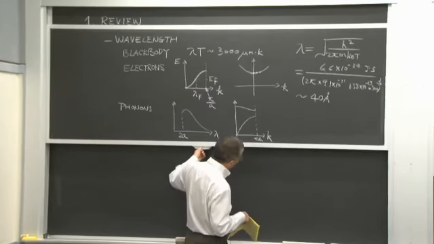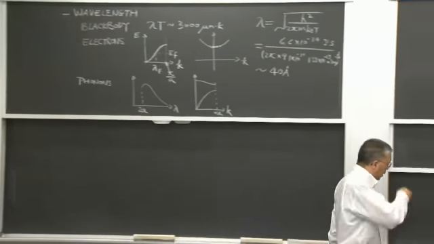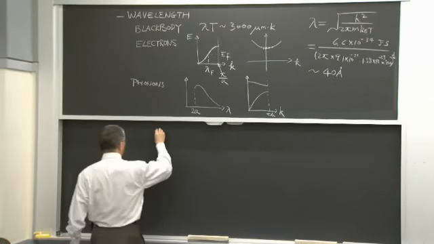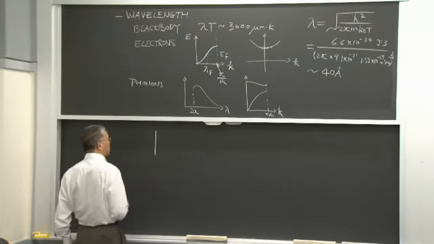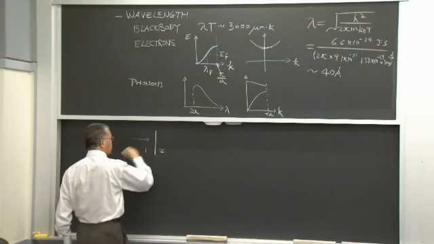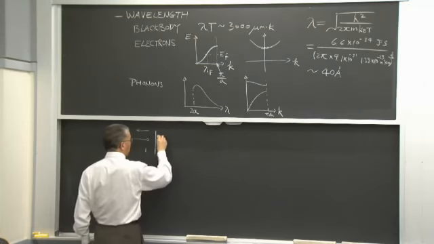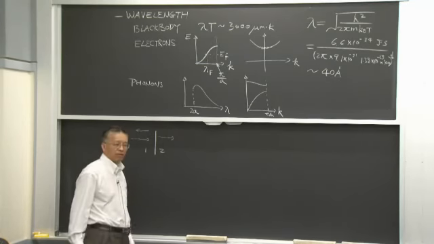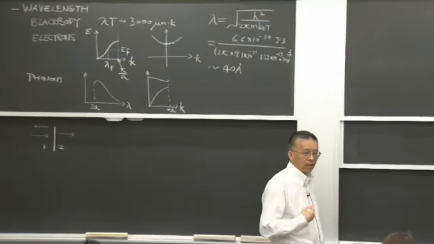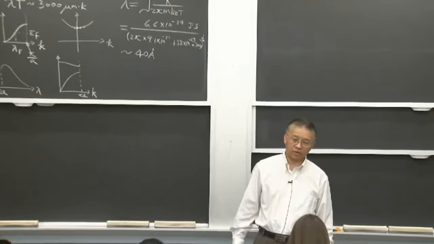So overall, it's good to start by thinking about the transmission at a single interface. If I have media 1 and 2, and waves, which could be electron waves or photon waves, come to the interface, they will be reflected, and they could also be transmitted across the interface.